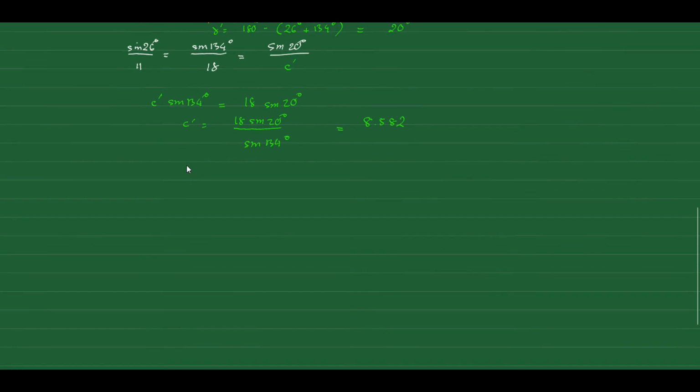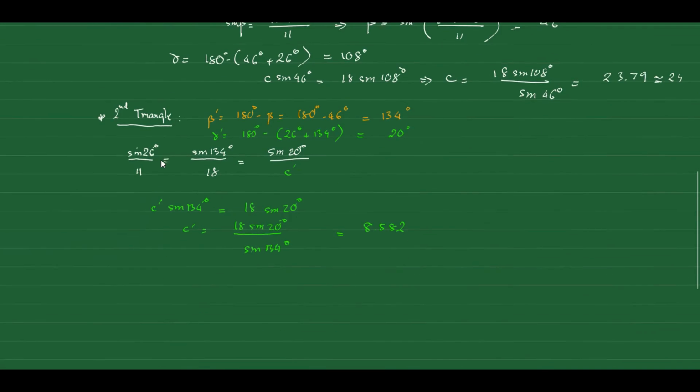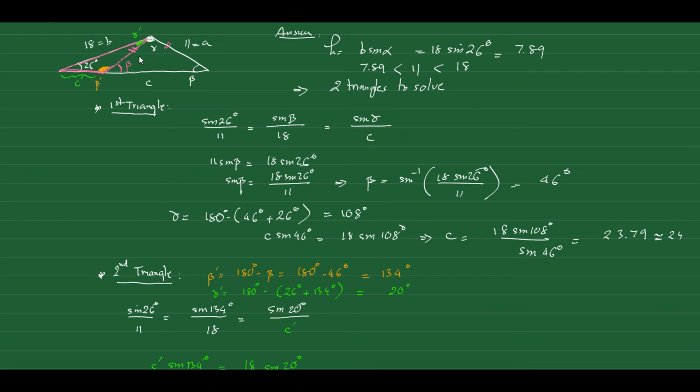Okay, then from here we can get C prime. Put it into the calculator. This will give you about 8.582. There you go, so that's your C prime. So we got everything, right? We got C prime, we got A prime, which is here.